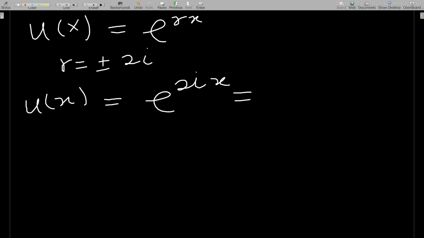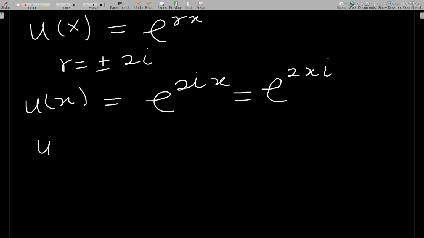Once I have this, I just rearrange it and I have 2xi. And then in complex numbers, when you have e to the alpha i, its corresponding expression in terms of cosine and sine is cos alpha plus i sine alpha, where alpha is everything that is attached to the i, okay?